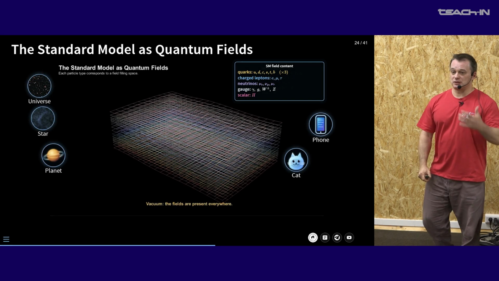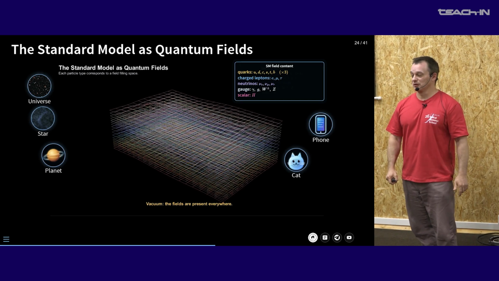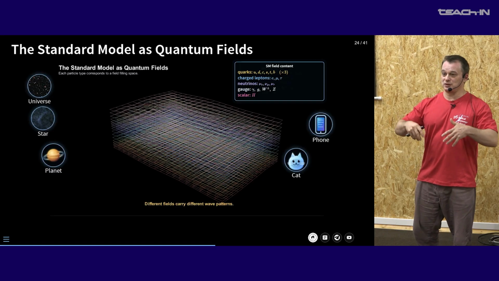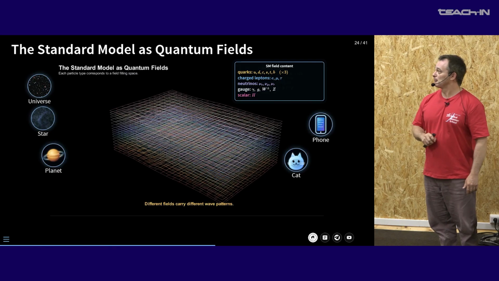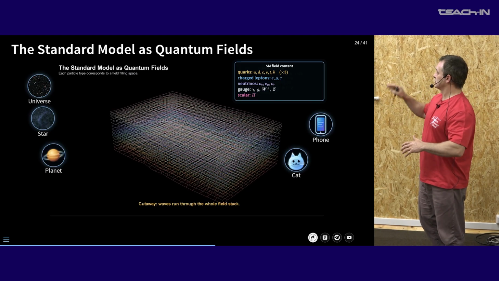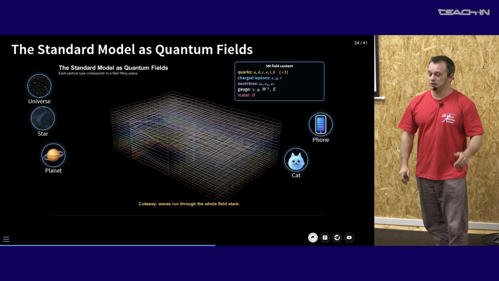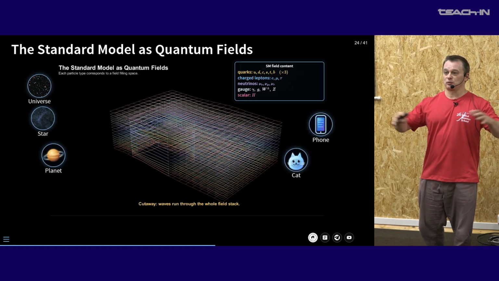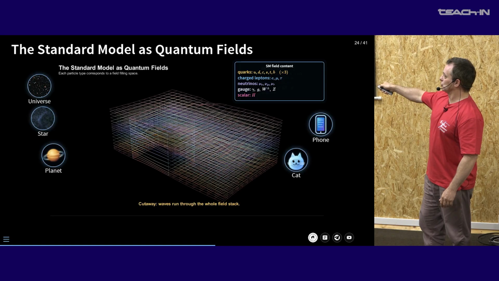So now, when we understand that particles are excitations of a field, we can dive deeper, and this is how our universe actually looks. Everything we are made of, the universe, stars, planets, cats, phones, whatsoever, all matter around, and even non-matter, consists of quantum fields which are filling the universe. This is an animation shown here.